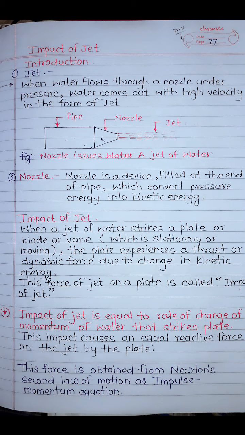Now, impact of jet. As we know, a jet of fluid emerging from the nozzle has some velocity and hence it possesses a certain amount of kinetic energy. If this jet strikes an obstruction which is placed in its path, it will exert a force on the obstruction, and this exerted force is nothing but the impact of jet, and it is designated as hydrodynamic force in order to distinguish it from the other forces due to hydrostatic pressure.